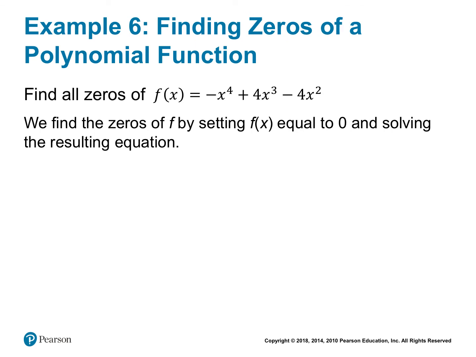Okay, we will end with this example. So this one has a negative out front, so you need to be a little careful. We're going to start by replacing this with 0.